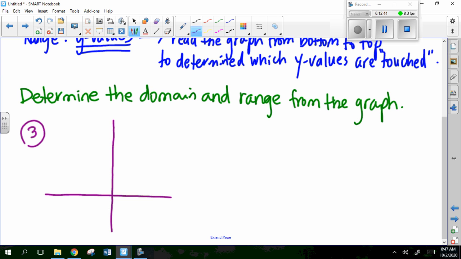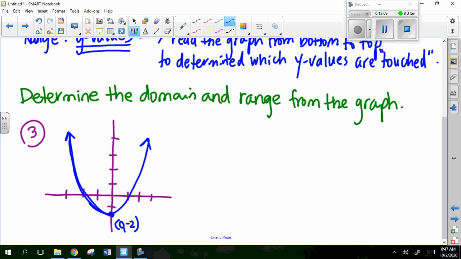Now, it's not going to be the prettiest thing in the world, but we'll put a couple marks on here so you can count. And then I'm going to put a point down here at (0, -2). And I'm going to draw a U-shaped graph, which we haven't really talked about.